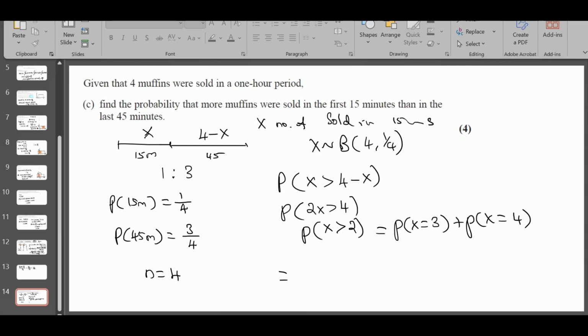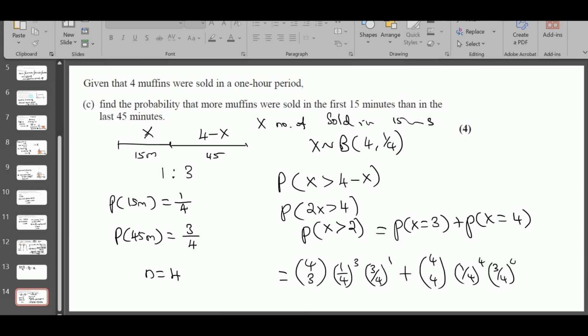So n is 4, it's 4C3, probability of success power 3, failure power 4 minus 3. That's the formula, right? Plus 4C4, 1 over 4 power 4 and then 3 over 4 power 4 minus 4.